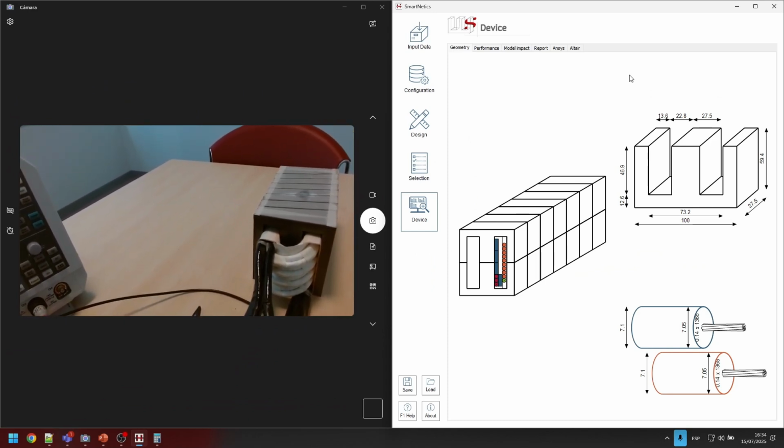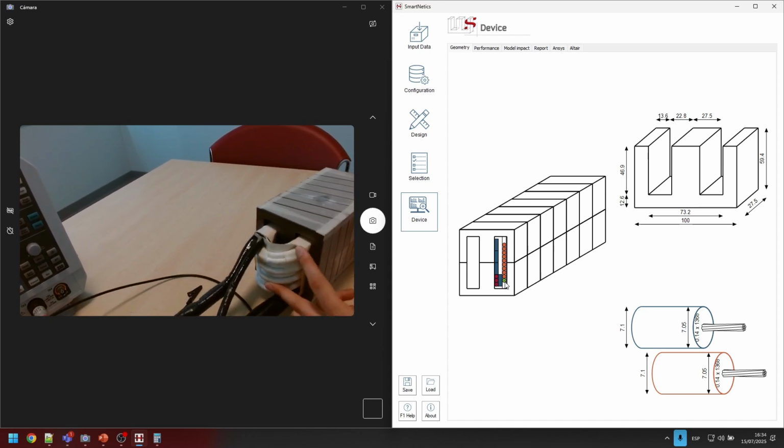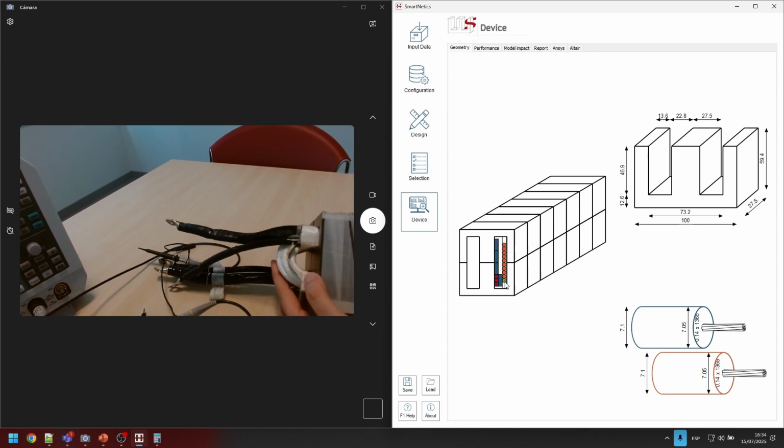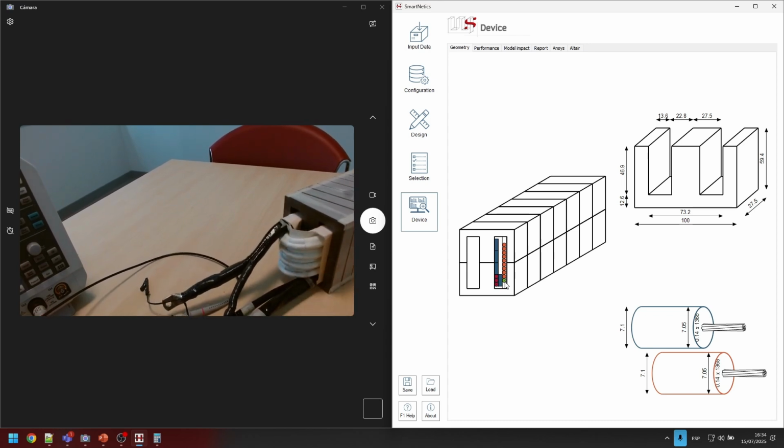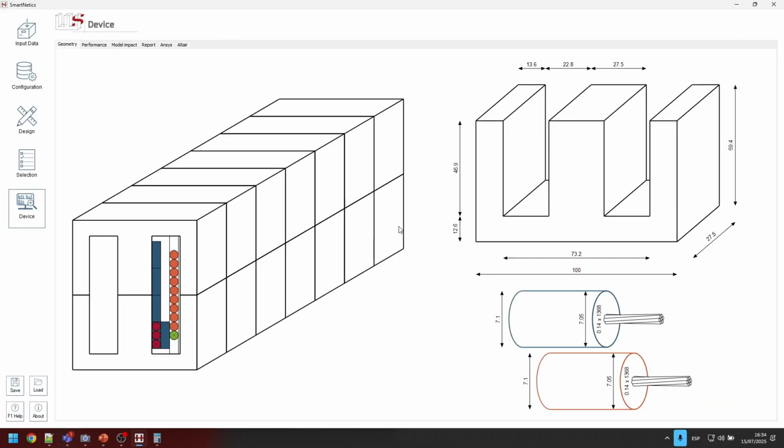Okay. So what we can see here is the cores are the same. The secondary winding, which is the orange one in Smartnetics, seems very close to the one we have on the inside because they are all vertical and it matches. The only difference is that in the real device, we have 3 wires in parallel for the primary, and in the Smartnetics, since we don't allow that kind of approach, they are all vertical.